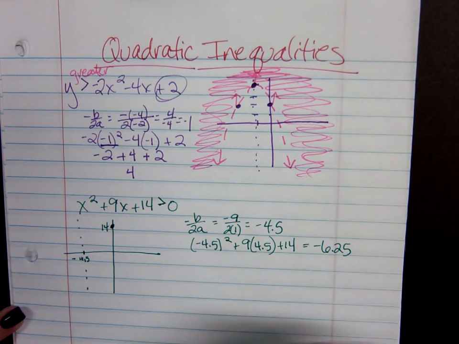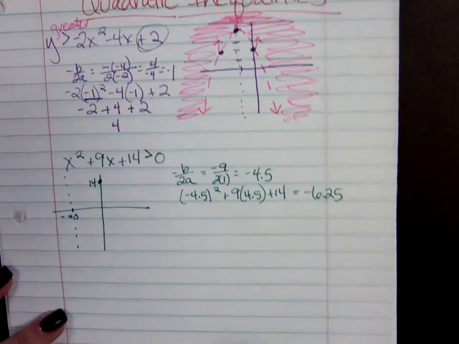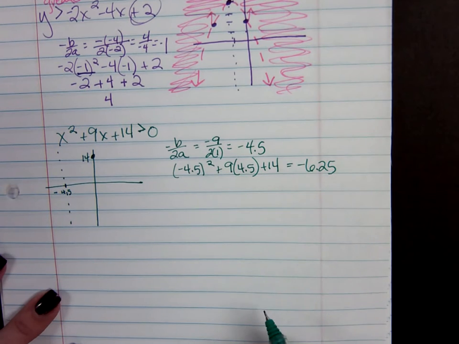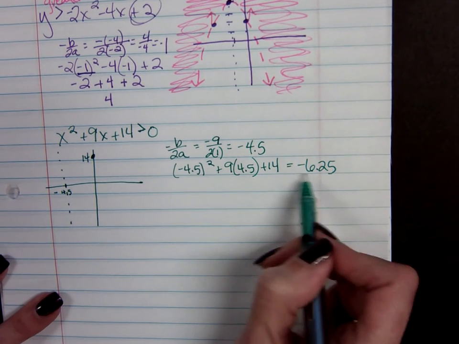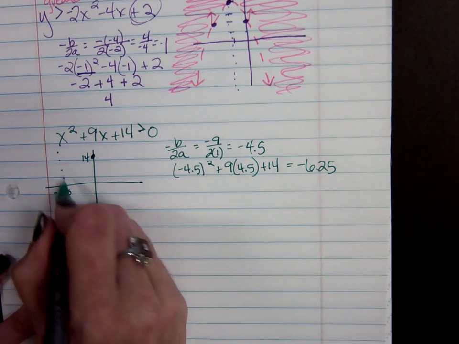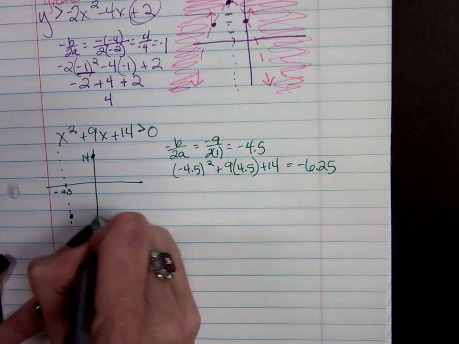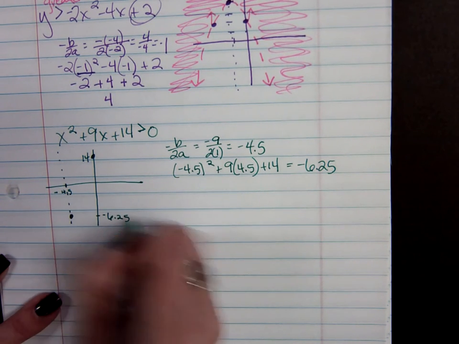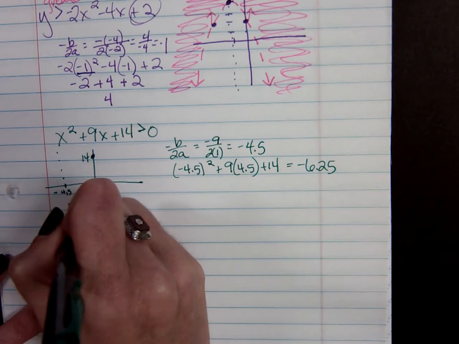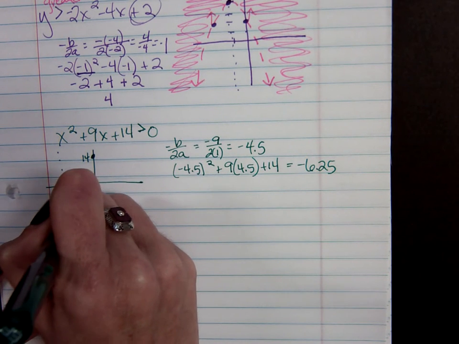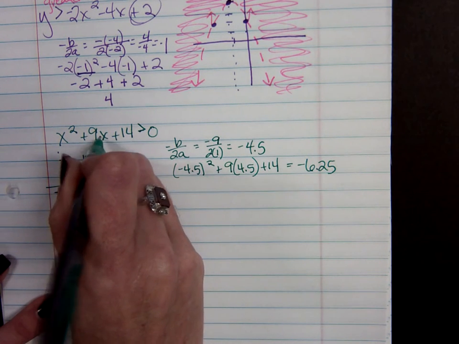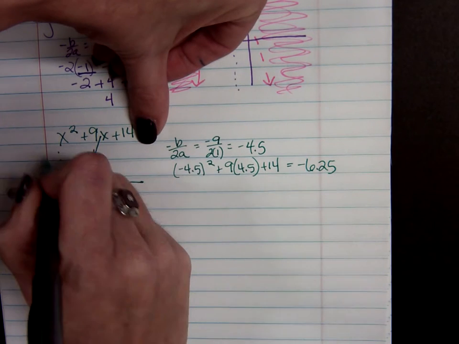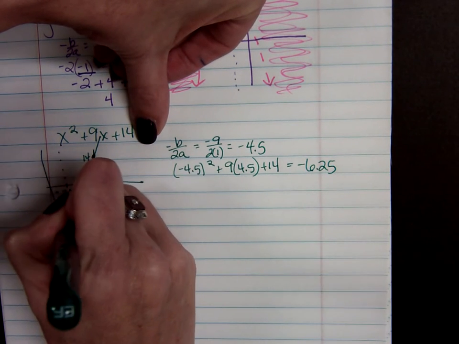Again, I'm not trying to precisely plot this on a grid. I just need a sketch so I know what my basic shape is. It's under the x-axis, negative 6.25. We're going to put it right here. Right? And that's enough to give me a general idea of what just this side looks like if I graph it.